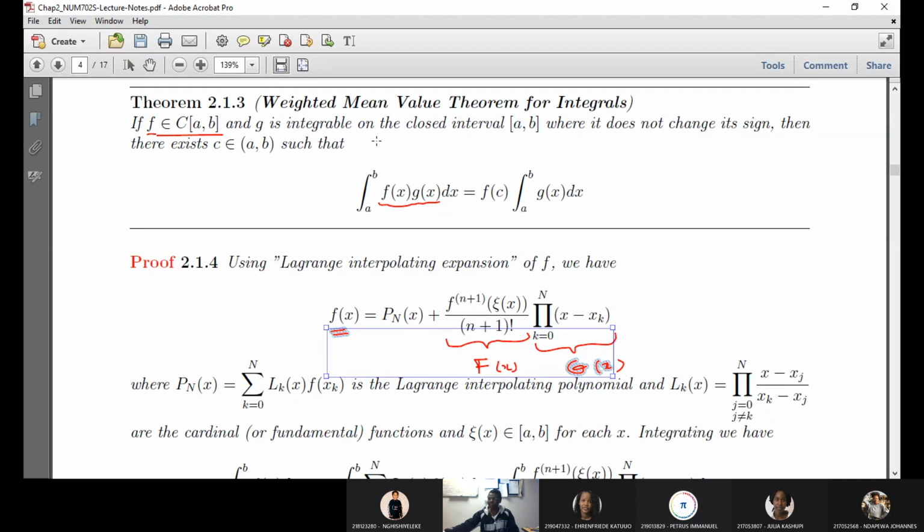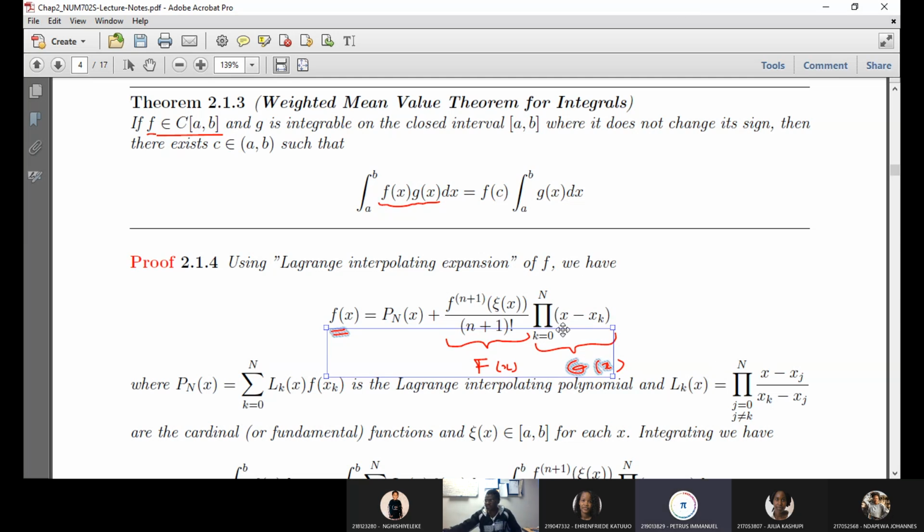has to be integrable on the closed interval, and the sign should not change. The sign of g of x should not change over the interval a b, meaning that throughout it is either positive or negative. It will not change from negative to positive. You have a constant sign there. That is, it's either positive or negative, above the x-axis or below the x-axis. Only. No change of sign throughout that interval.